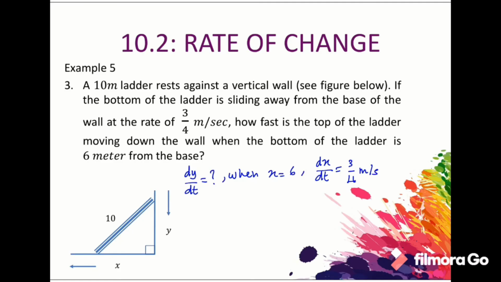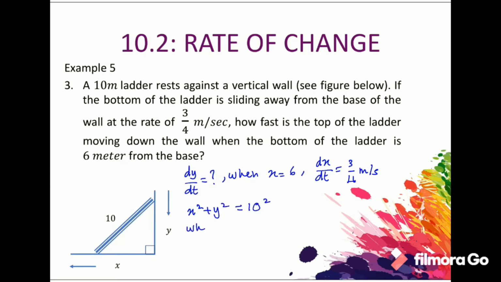So from the diagram, since it is a right angle triangle, they are all related as in Pythagoras' theorem. So we have x squared plus y squared equals 10 squared.